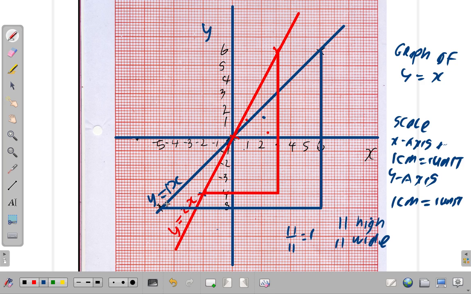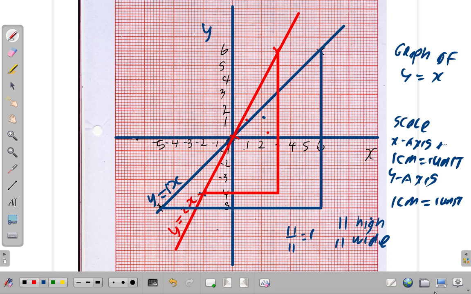Now, how steep the line is depends on the number that multiplies x. You notice the 2x is steeper than the 1x. In fact, the steepness of a hill or a line is referred to as the gradient. The gradient of the line.